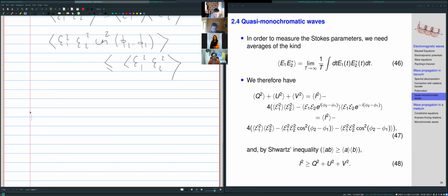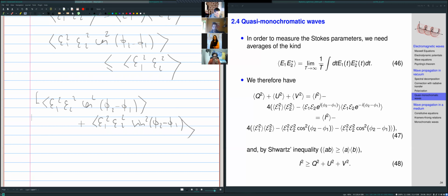So what I'm trying to say is that, yes, epsilon 1 squared, epsilon 2 squared times cos squared, that plus epsilon 1 squared, epsilon 2 squared times sine squared of phi 2 minus phi 1.